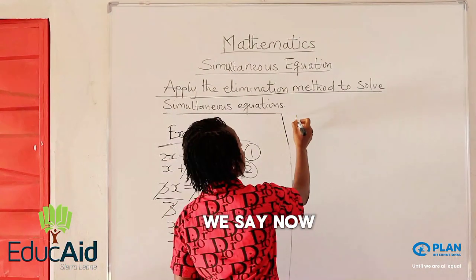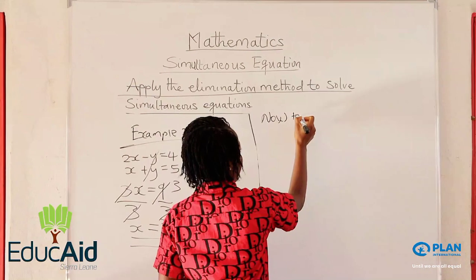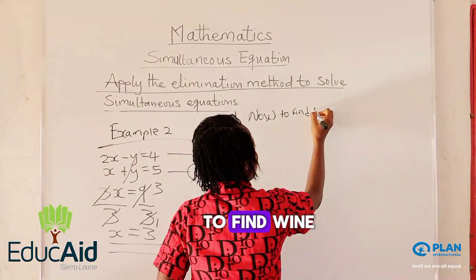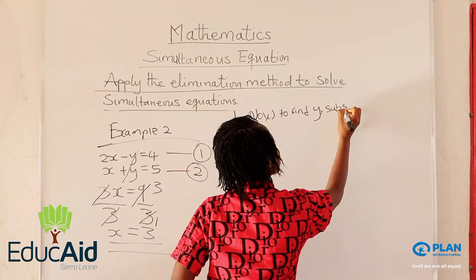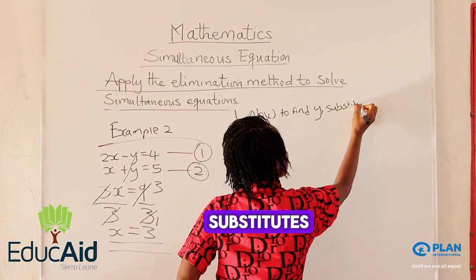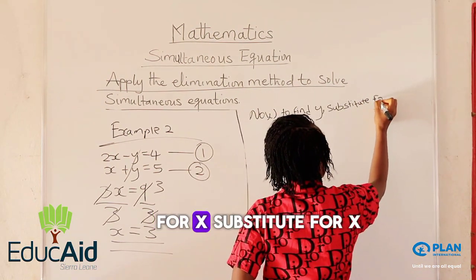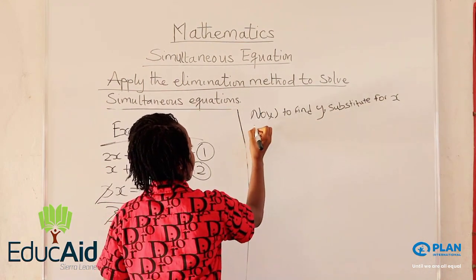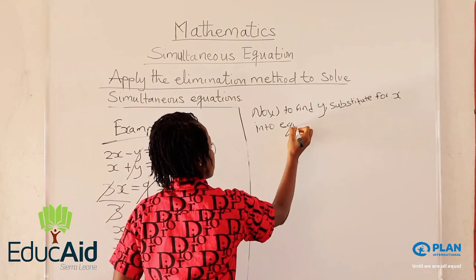So we say now, to find y, substitute 3 for x into the equation.